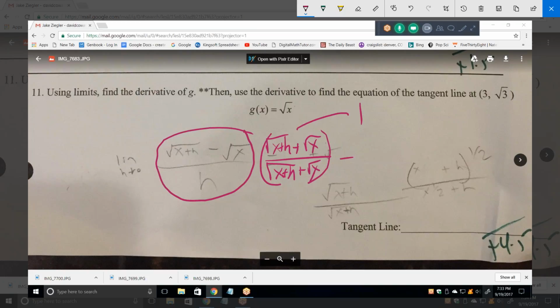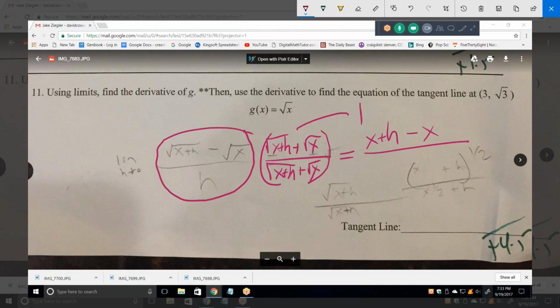Now, what do we get? When you multiply by the conjugate, you're basically looking at the difference of perfect squares factored. So I don't have to FOIL these. I can just say that it's this term squared. Well, what is that? That's x plus h, minus this term squared. That's x. Now, that's my numerator.